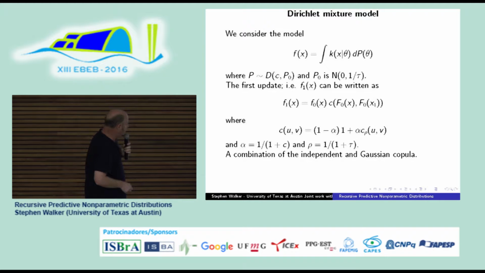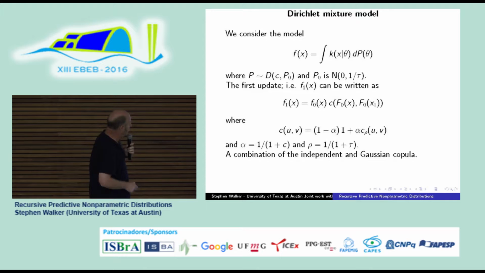We're expecting a mixture because we know we have some sort of non-parametric thing going on here. Again, the mixture is a combination of the independence copula and a Gaussian copula. No surprises that it will be a Gaussian copula if I have these as a family of Gaussian distributions.